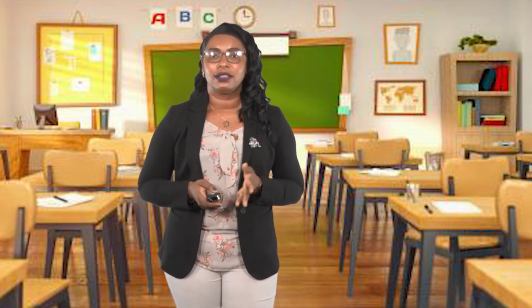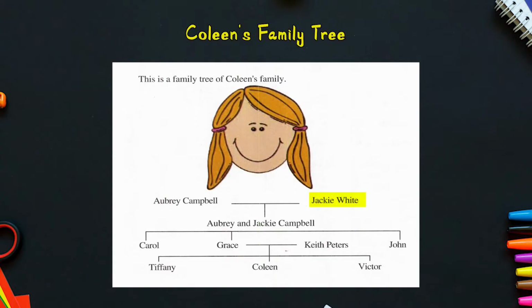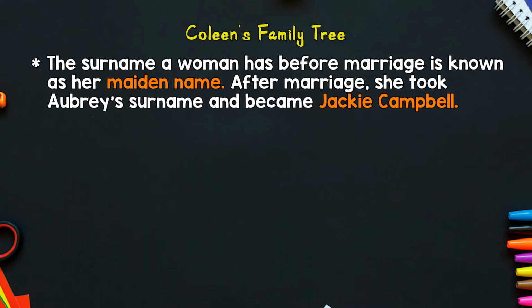Now, if we look at the family tree, for Jackie, before she was married to Aubrey, her surname was Jackie White. The surname a woman has before marriage is known as her maiden name. After marriage, she took Aubrey's surname and became Jackie Campbell.